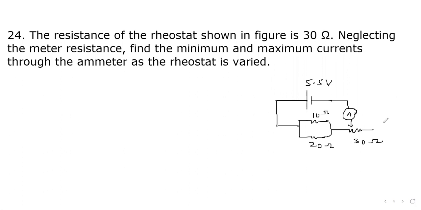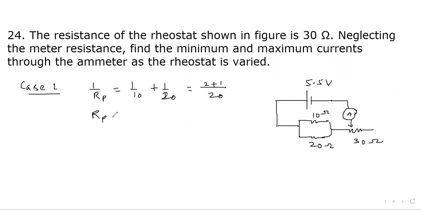So two cases we will consider: when this rheostat is completely excluded and when the rheostat is completely included. So case one, when the rheostat is completely excluded. In that case, only these two resistances will play their role. So 1 upon Rp will be equal to 1 upon 10 plus 1 upon 20. So this will be equal to 2 plus 1 over 20.